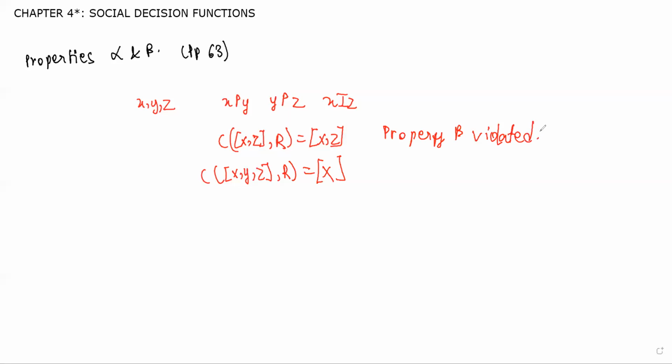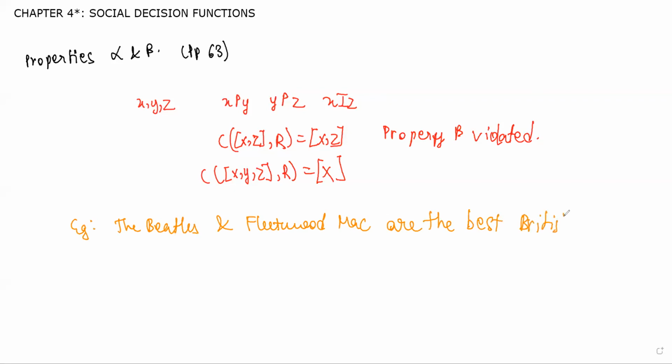I don't know what's happened to my spellings today. Anyway, right? So this tells you that, for example, let's say the Beatles and Fleetwood Mac, right, are the best British bands. Right?